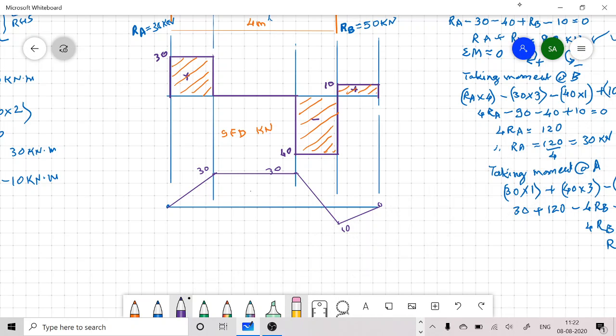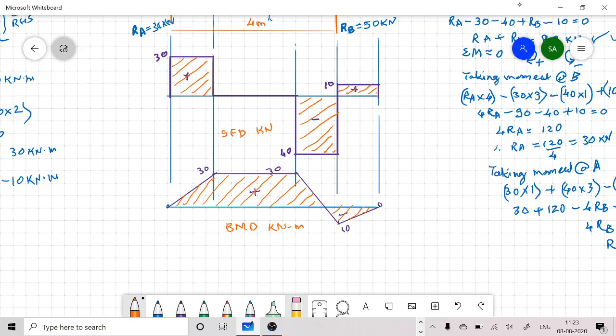Mark above the baseline positive, below the baseline negative. Shade it like this. Write down the name of the diagram, BMD, kilonewton meter.